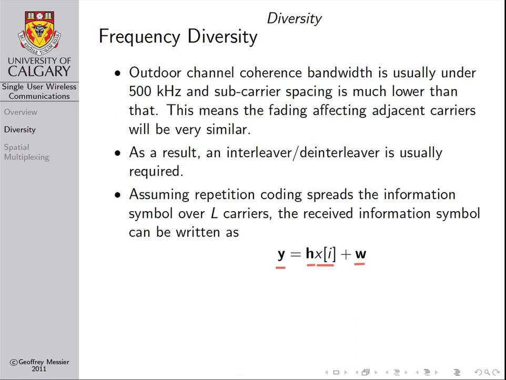The symbol samples and the noise samples in this vector are independent, just like they are with conventional OFDM. So the big picture here is that when we consider frequency diversity from an OFDM perspective, it looks almost exactly the same as time diversity did, and we get basically the identical received signal equation.